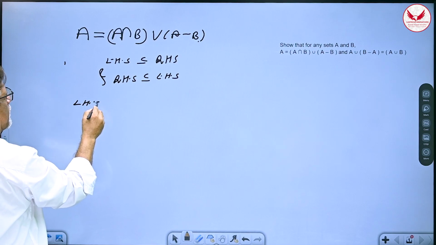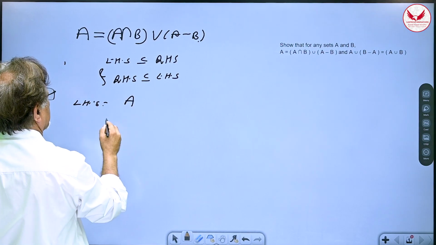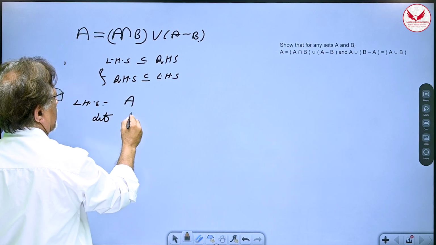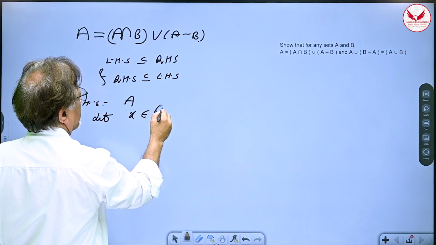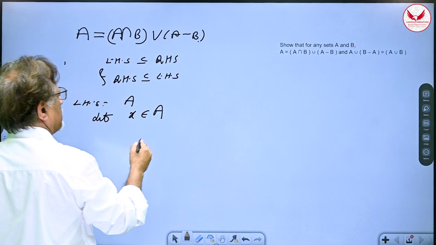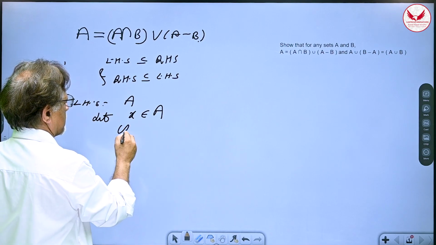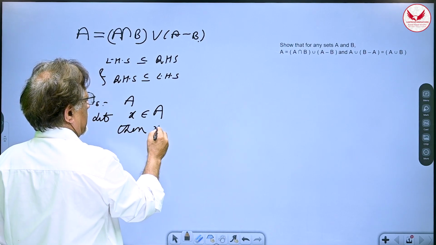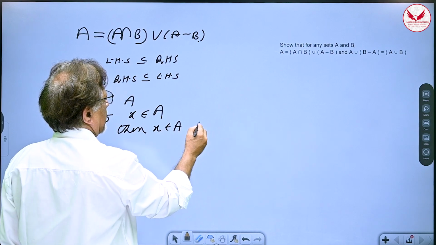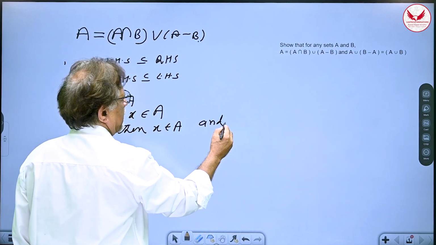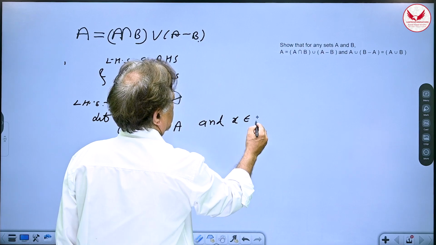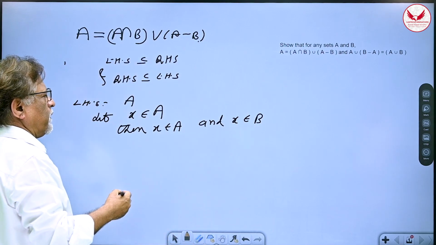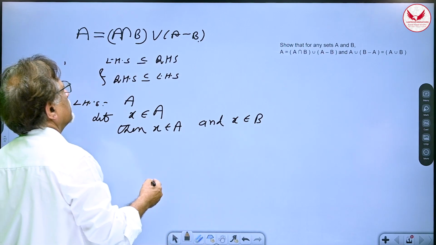So LHS, what is LHS? A itself. So let X be an element from A. Correct? Now there are two possibilities. Either X belongs to A and X may belong to B, we do not know, and X belongs to B. Correct?